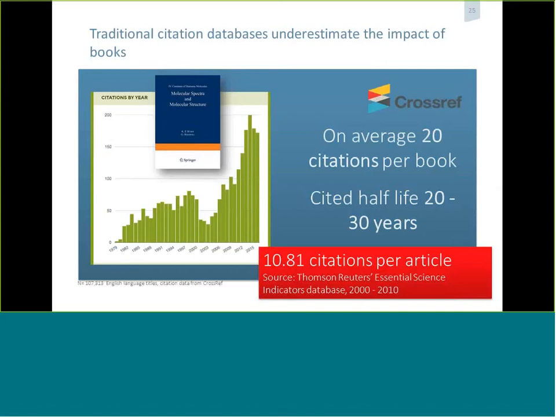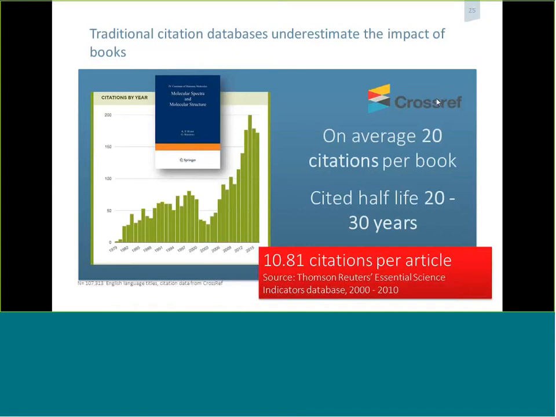So as a reference, I've put here the average citations per article from the Thomson Reuters Essential Science Indicators database from 2000 to 2010. And the reason why we took Crossref is that I wanted to go to each and every author that published with Springer and tell them whether or not their book was cited.